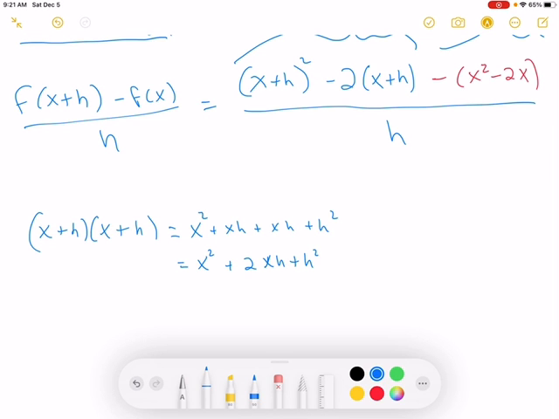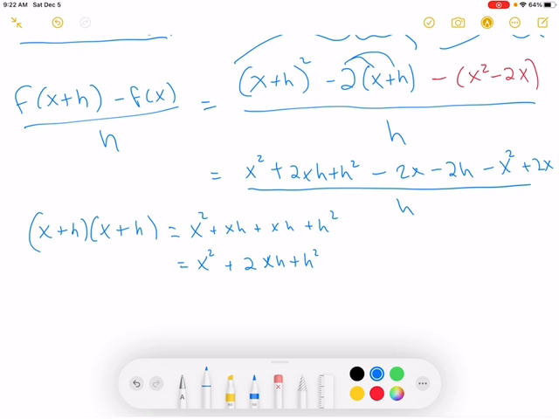All right. So we are going to get x plus h squared is x squared plus 2xh plus h squared, minus 2 times x minus 2h, and then minus x squared plus 2x. All of this divided by h. Okay, now let me delete all these.